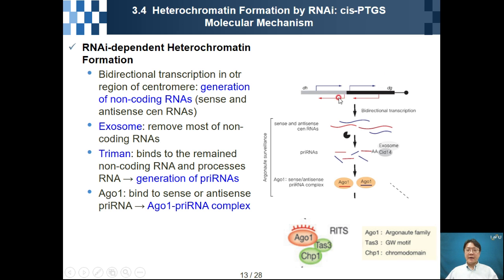So it will generate non-coding RNAs, composed of sense and antisense centromere RNA. So we call them sense non-coding RNA and antisense non-coding RNA. CEN means the centromere RNA.